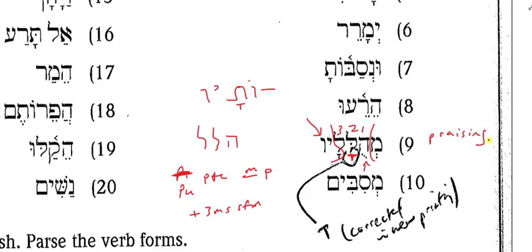So that means that whatever the Pual participle is describing isn't doing it, but rather someone's doing the action to the one so modified by it. So what would be the way to translate that? Praised. Okay? So praising if it's a Piel participle, praised if it's a Pual participle.